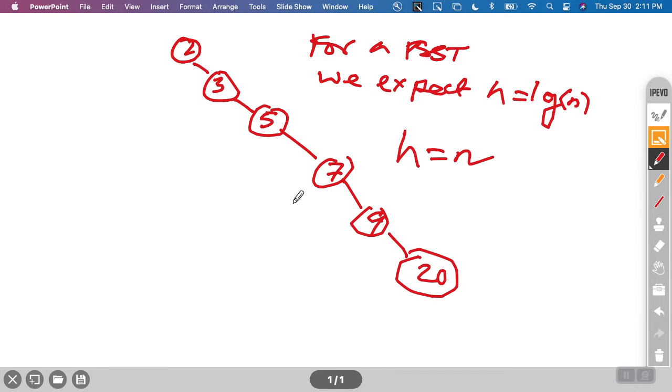But this is a problem. We started with this problem, right? So in order to resolve that problem, there is a concept of AVL tree, right?